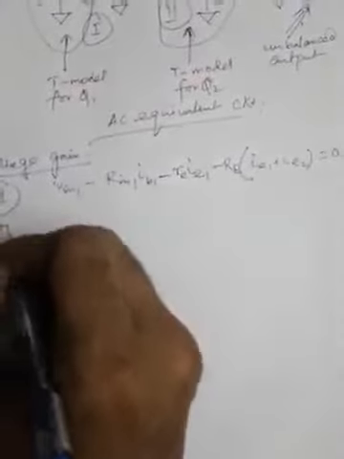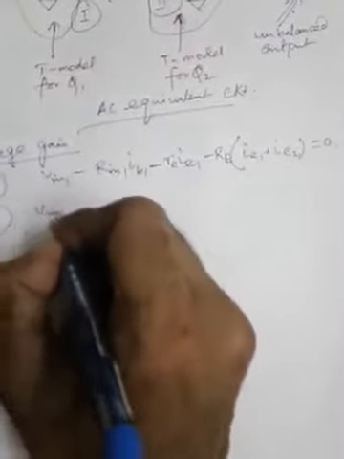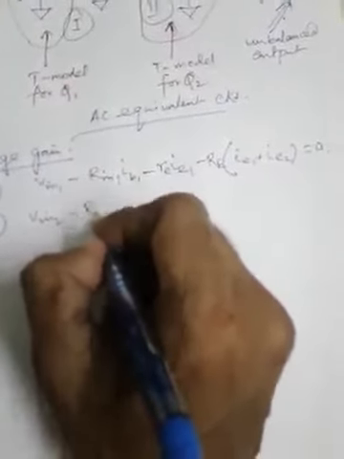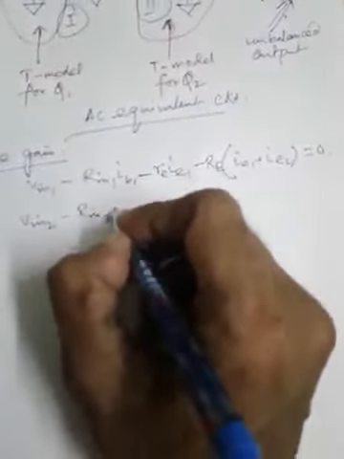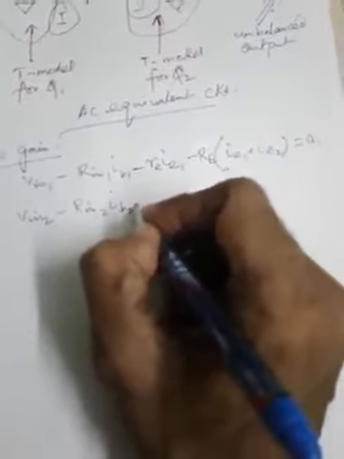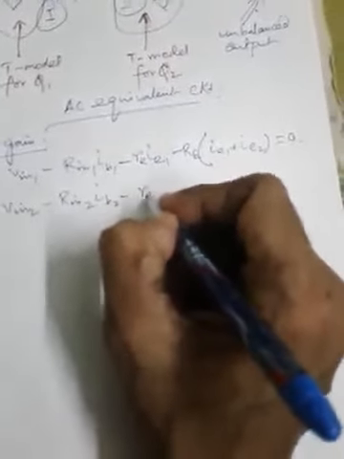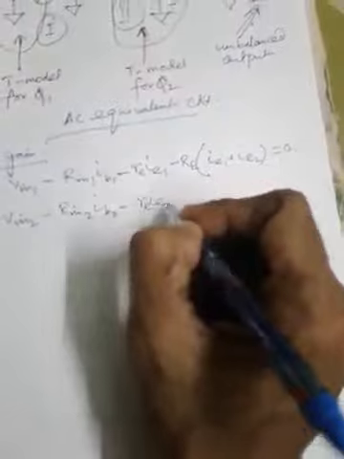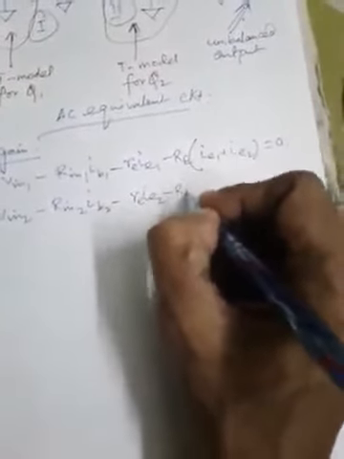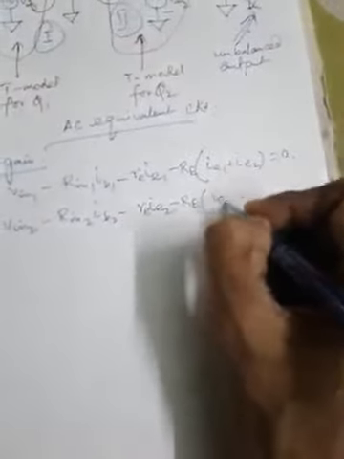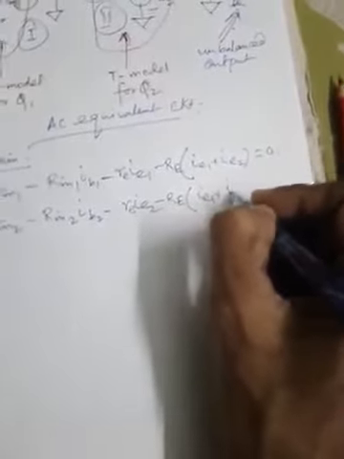And considering loop 2, it is V in 2 minus R in 2 IB2 minus small re IE2 minus capital RE into IE1 plus IE2, that is equal to 0.